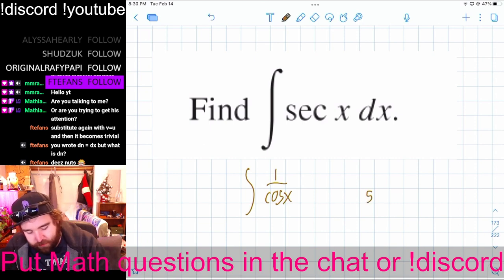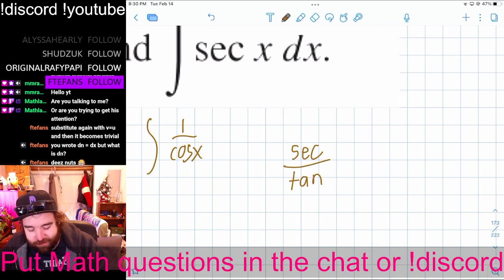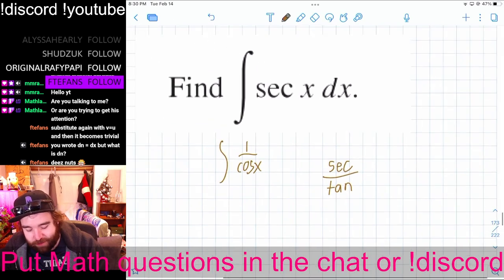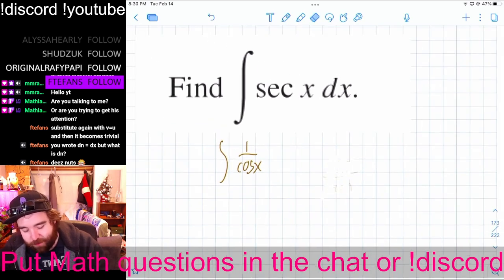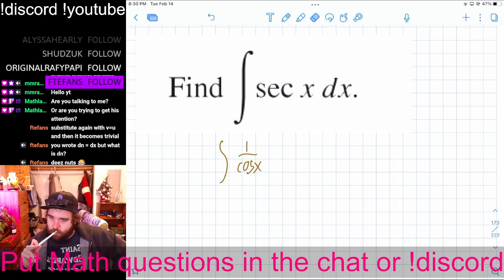I mean, what if it was secant over tan? Well, secant over tan, no. Then I got to use the quotient rule and there's really crazy stuff that's going to end up happening. How would I take the integral of 1 over cosine? Or just the integral of secant? I can't really square both sides. That's not really a thing.